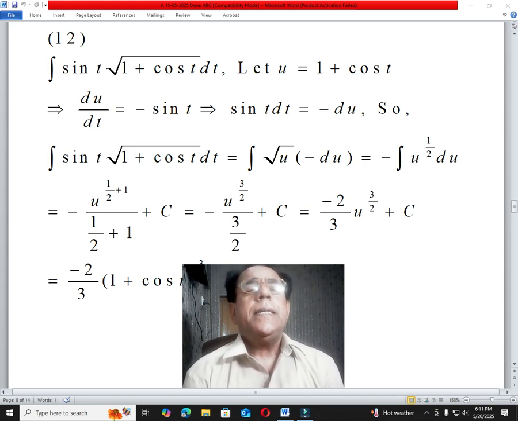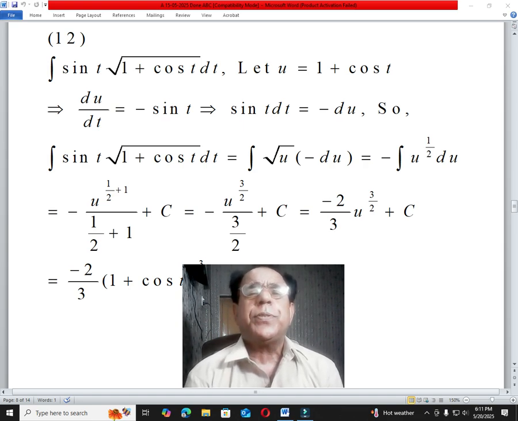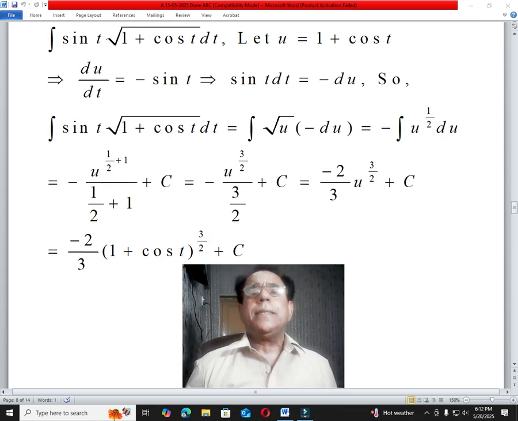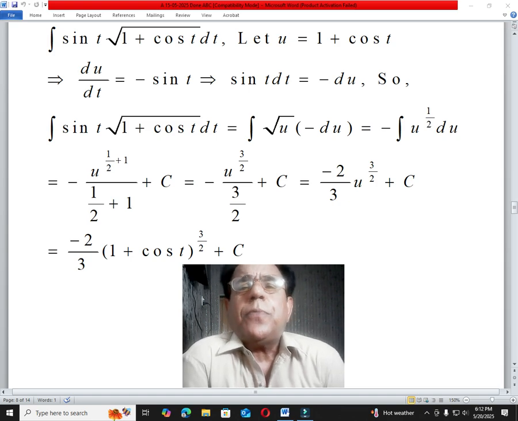So integral square root of u into minus du. Here minus 1 is a constant, so we take it out and write it prior to sign of integration, and we get minus integral u raised to power 1 by 2 du.